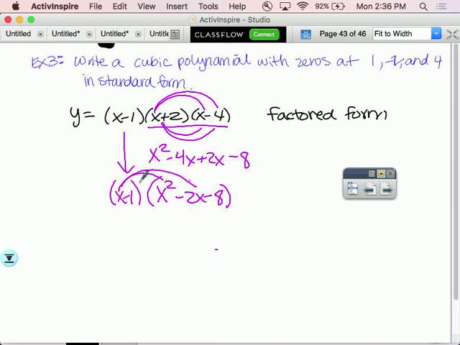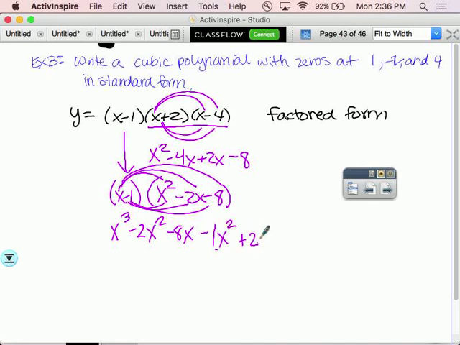All right. Now we're going to distribute that x. And get x to the third minus 2x squared minus 8x. You're going to distribute the x first to x squared minus 2x and -8. All that does is bump everything up an x. And then you're going to distribute the -1. So -1x squared plus 2x plus 8.